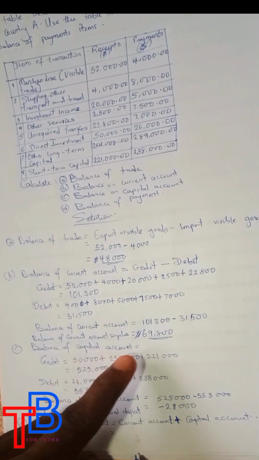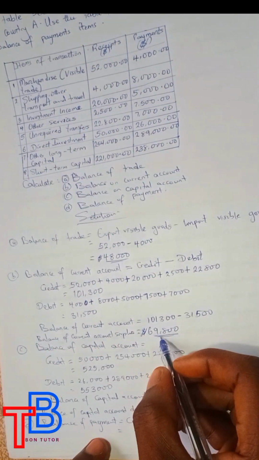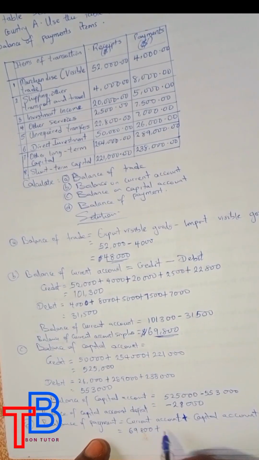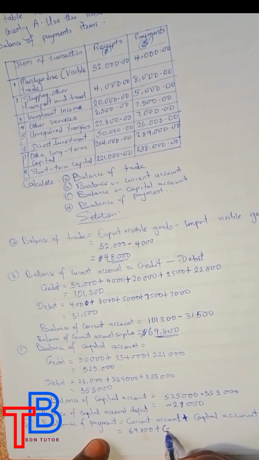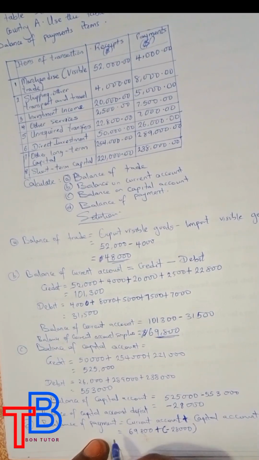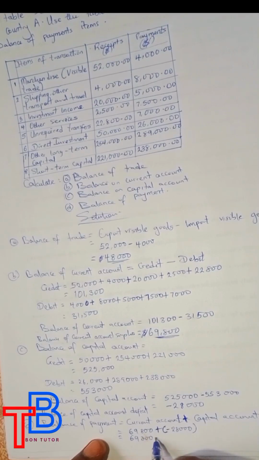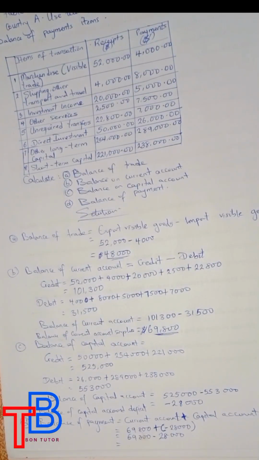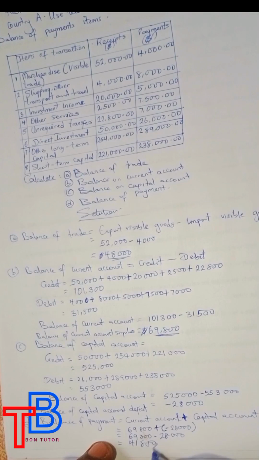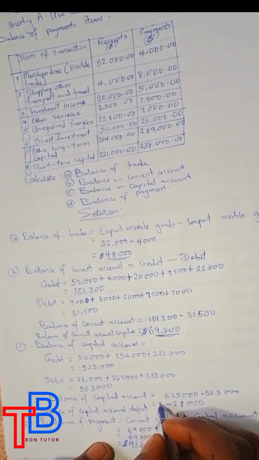From this you can see that our current account is 69,800 plus minus, our capital account is minus, so plus minus 28,000, which is our capital account, and you have it to be 69,800 minus 28,000, which is 41,800 in dollars, and this also is in dollars.